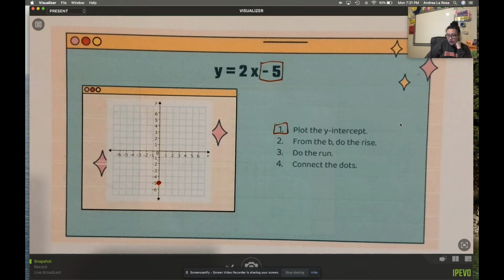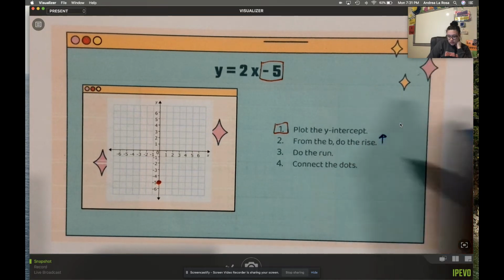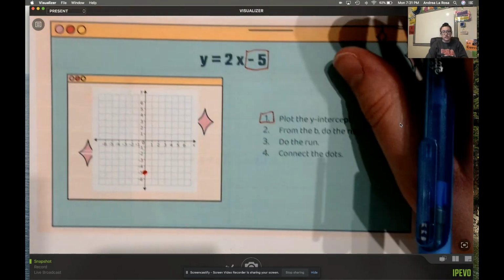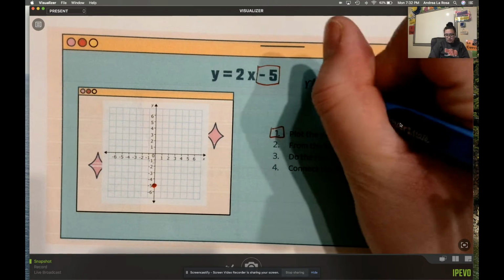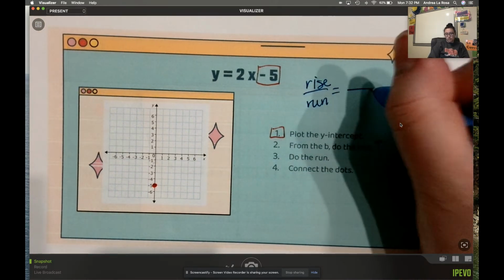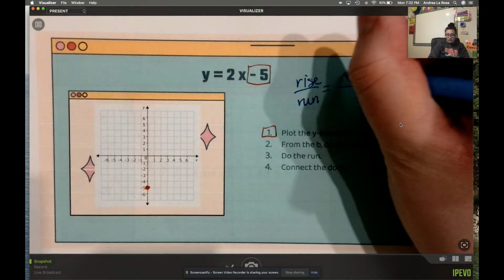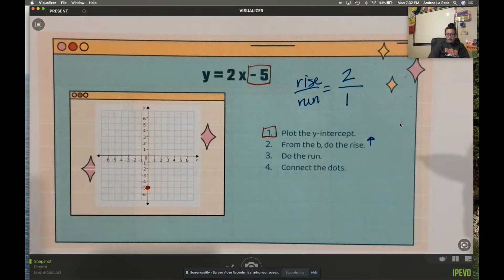Then I'm going to do my rise. On your own, turn this slope into a fraction. Pause the video, take a second, turn that slope into a fraction. Hopefully you got 2/1.